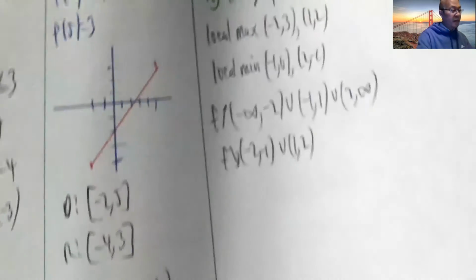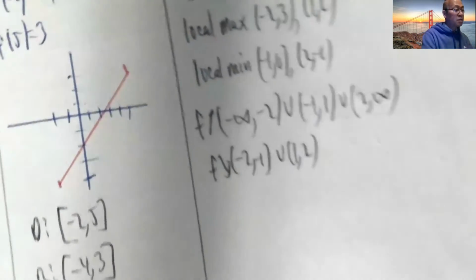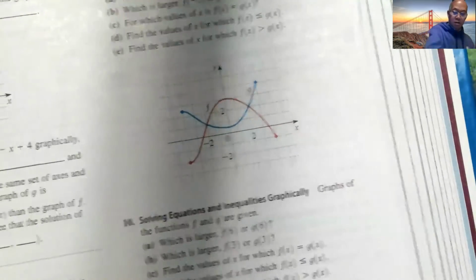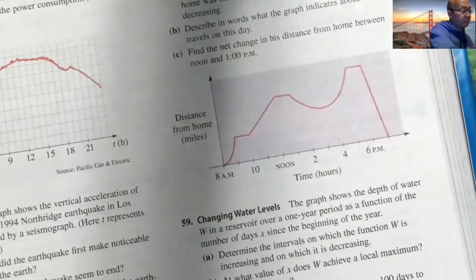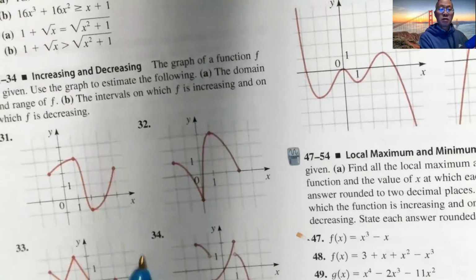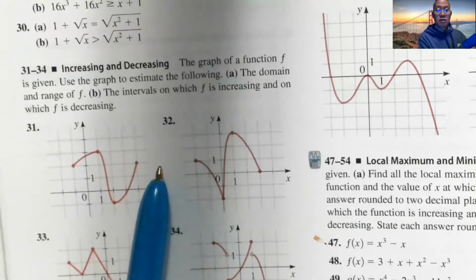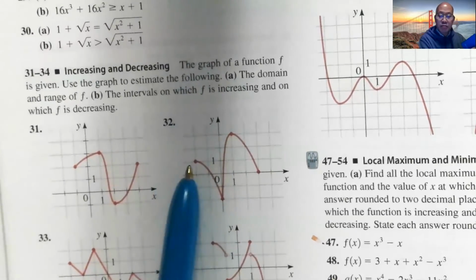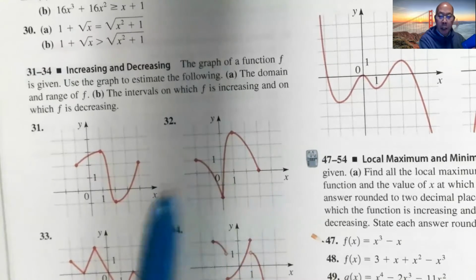Okay, then the problems at the end, we have to see the graph. So I'll do the even ones because you don't have those answers in the back of the book. So 32. Domain and range. So domain is bracket -2, 3 bracket.